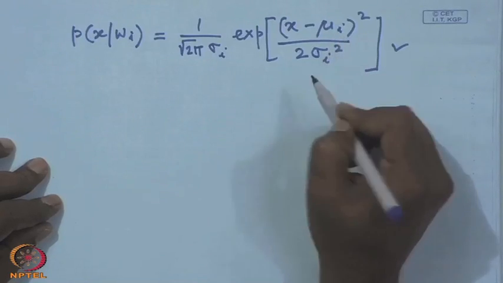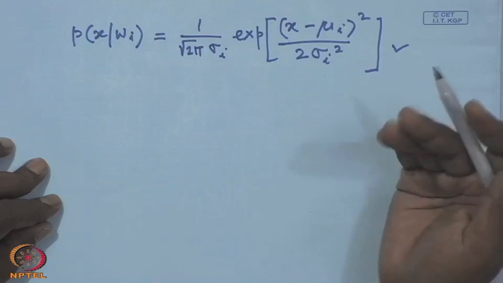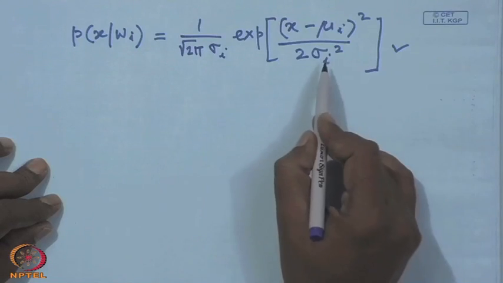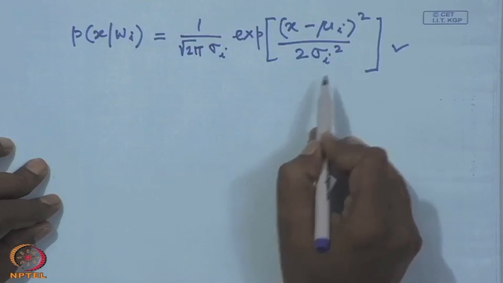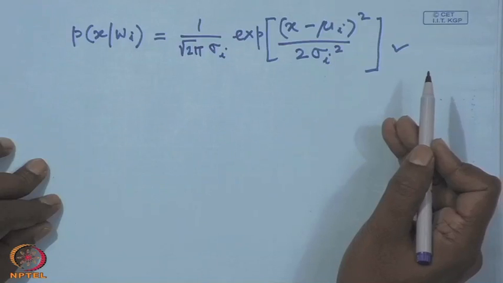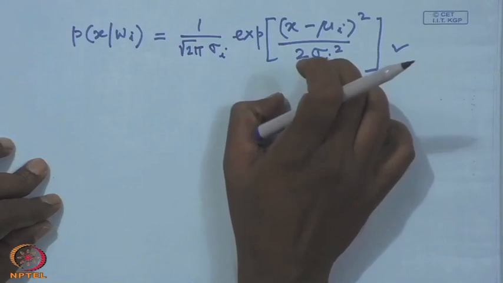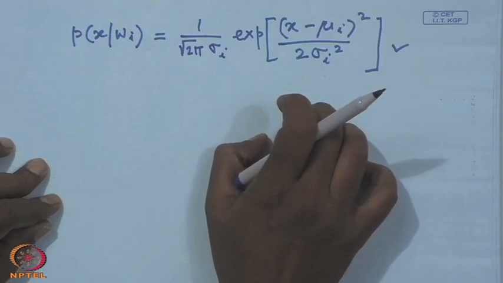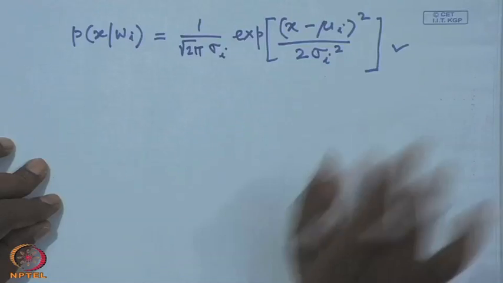So, once I take only samples from class omega 1, this mu i simply becomes mu 1, and the variance that I compute, that is sigma i squared, becomes sigma 1 square. So, it is computed only from the samples which are taken from the corresponding class.